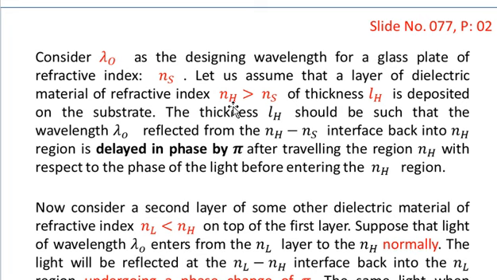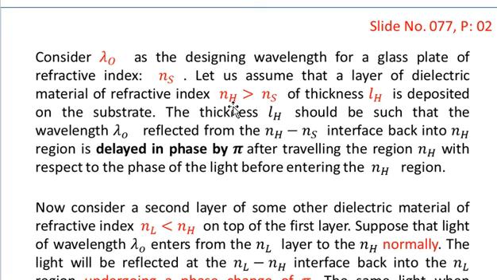So due to the thickness of this LH material, which is traveled 2 times by the light, when it gets back into the NL material, the light would have traveled a distance of 2LH, and this 2LH is chosen in such a way that a phase shift of pi is produced. The two beams reflected from the two interfaces into the NL layer will be pi shifted and will add constructively to produce an intense reflected beam.